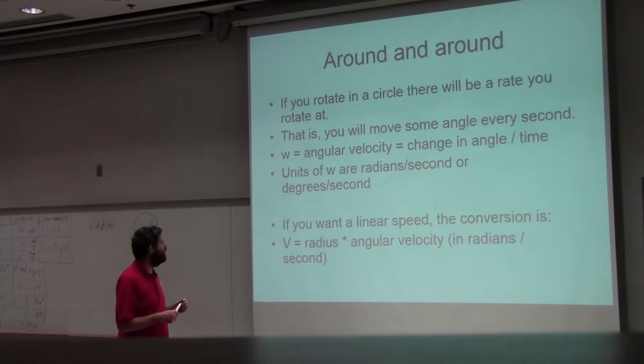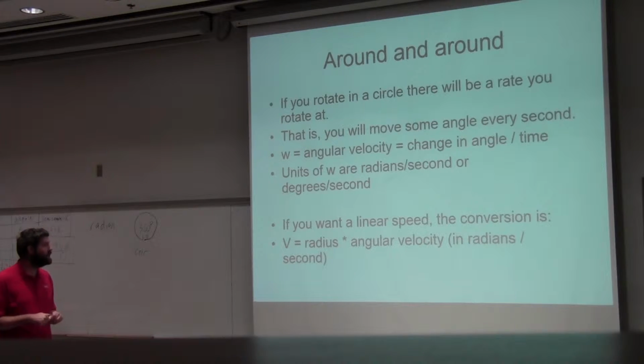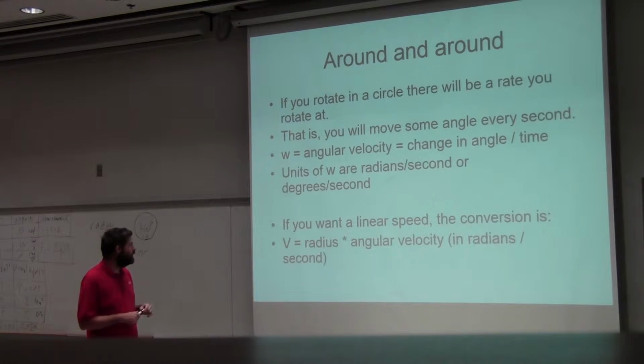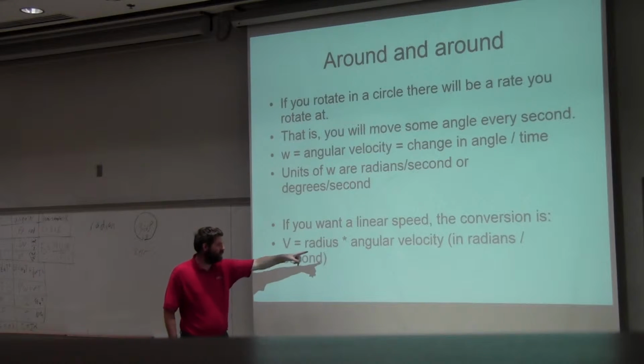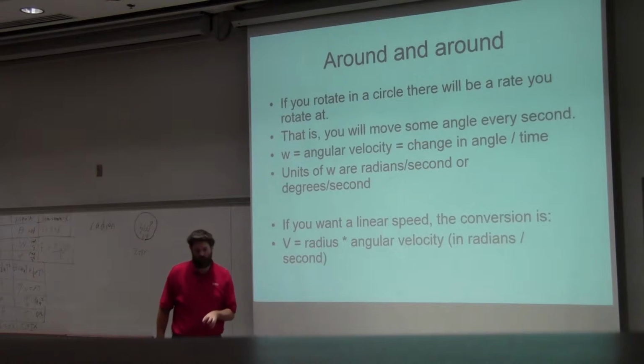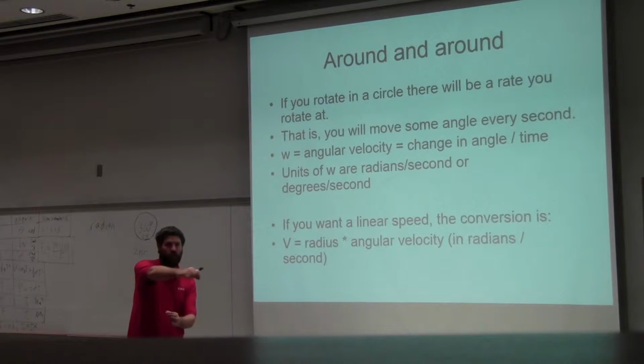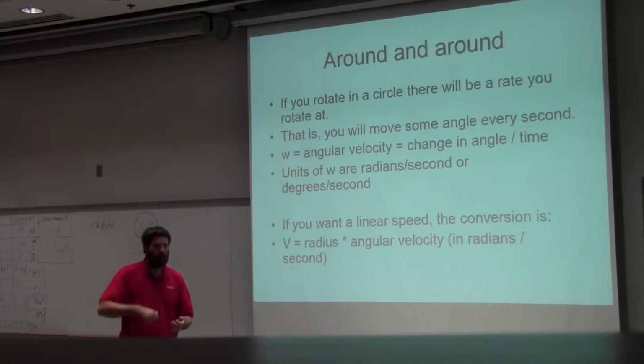The units of angular velocity are radians per second. We don't really use degrees per second in this class, or any other physics class for that matter. If you want a linear speed, the conversion is the linear velocity equals the angular velocity times the radius. Now the radius is the radius of the circle that you're rotating around.